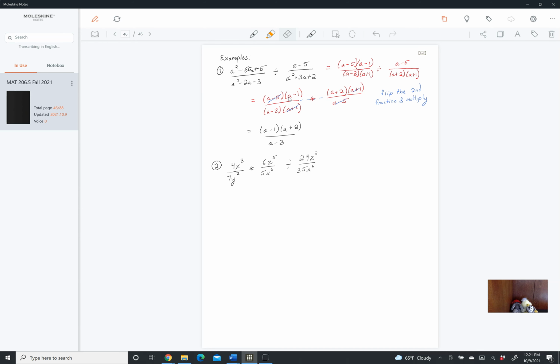Okay, so what do we do? We take the reciprocal. What do we take the reciprocal of? This one, this 24z squared over 35x to the 6th, right here.